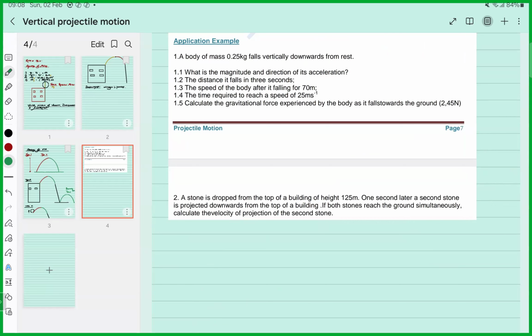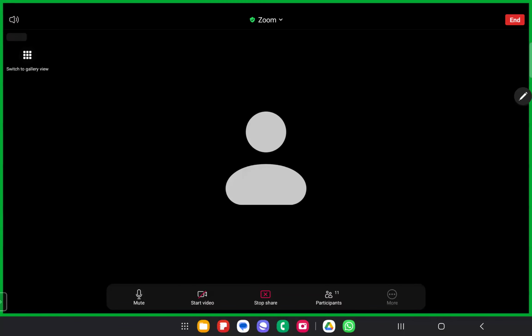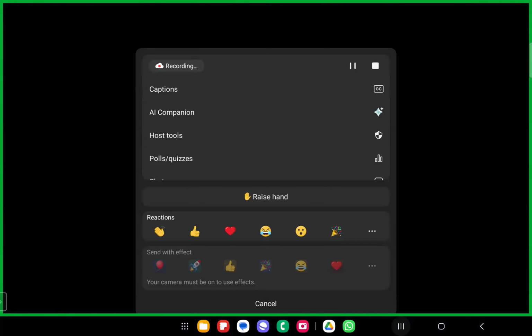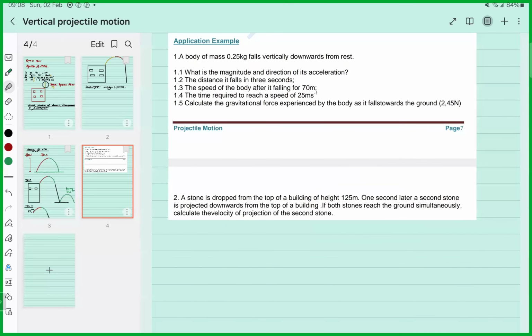Right, let's start. It says a body. Do I have it recording now? Yes, I do. A body of mass 0.25 kilograms falls vertically downwards from rest. Obviously, from rest implies something about the initial velocity there.